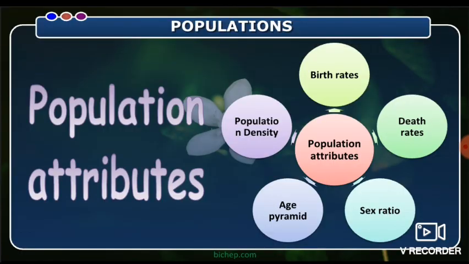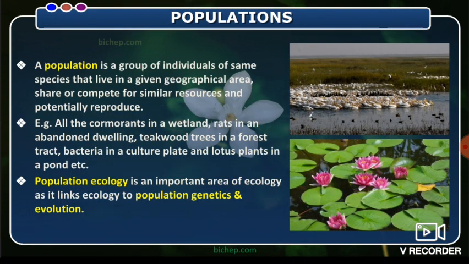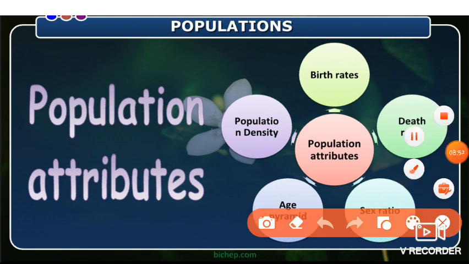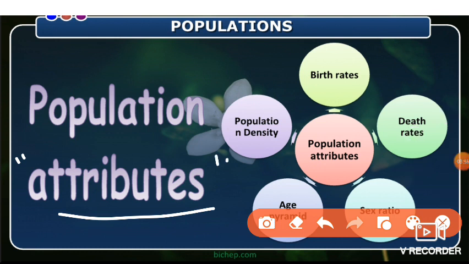And moving to the next slide, here is population attributes. Simply we can say it in Kannada, attributes are nothing but ಗುಣಲಕ್ಷಣಗಳು. Attributes means ಗುಣಲಕ್ಷಣ. What are the attributes of the population?